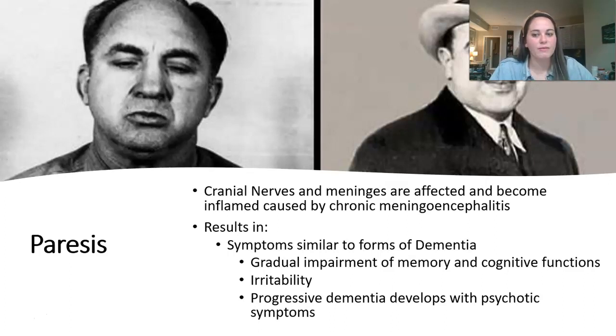A great example of this was Al Capone, the notorious mobster, and he contracted syphilis around the age of 18, but it went untreated, and it wasn't until he was in jail in Alcatraz that he really started to degenerate, and the doctors of the prison basically said that by the time he was released, he had the cognitive capacities of a 12-year-old.